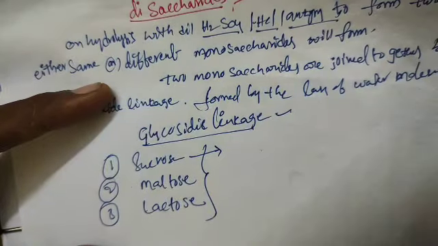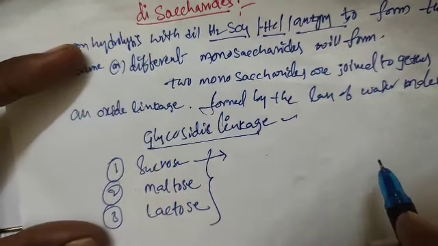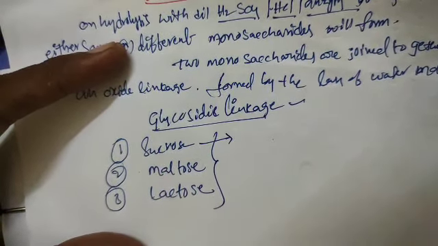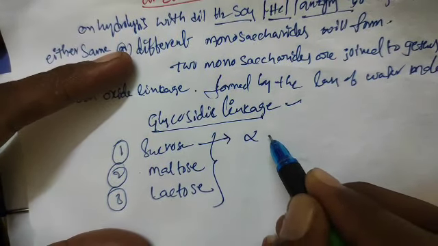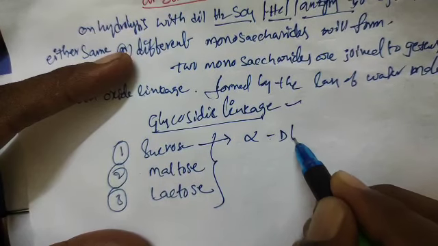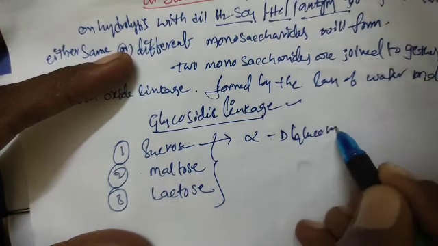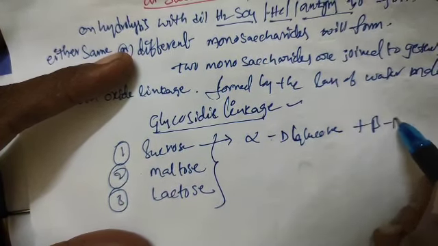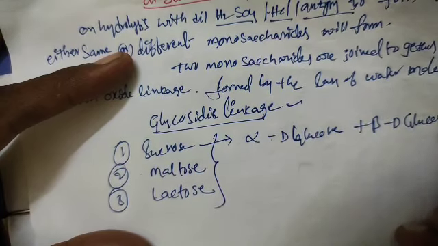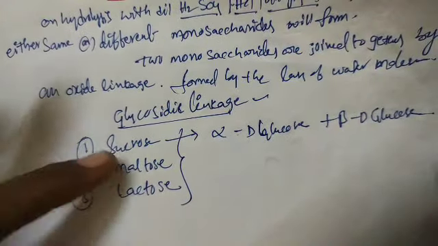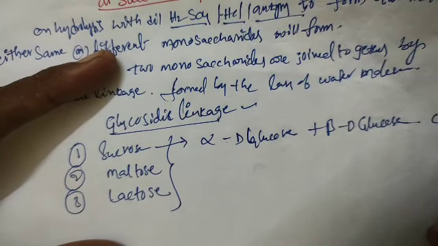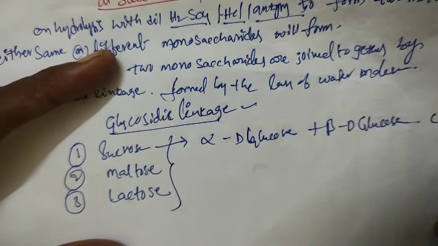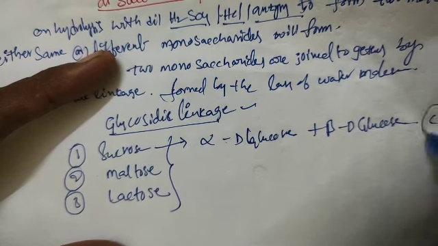First one, sucrose. Sucrose is alpha D glucose plus beta D fructose, joined to form sucrose, where the linkage is formed between the C1 and C2 carbons.